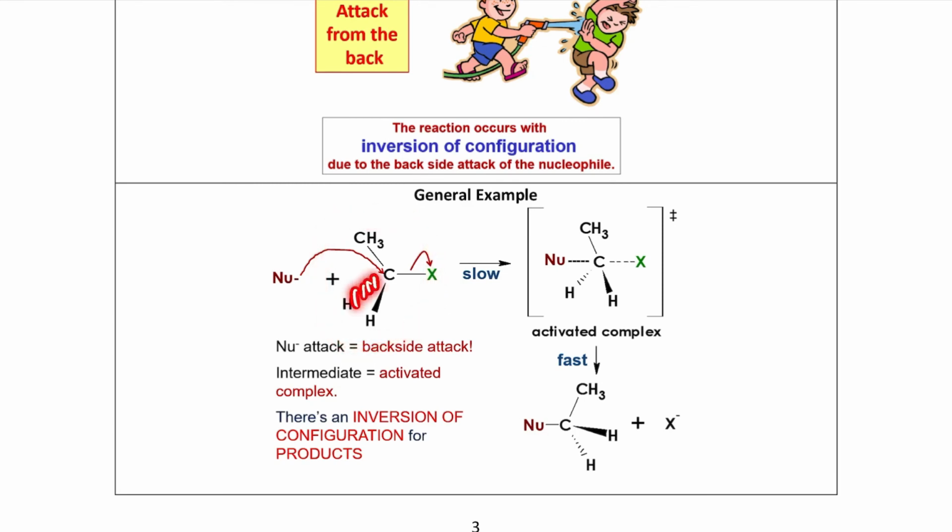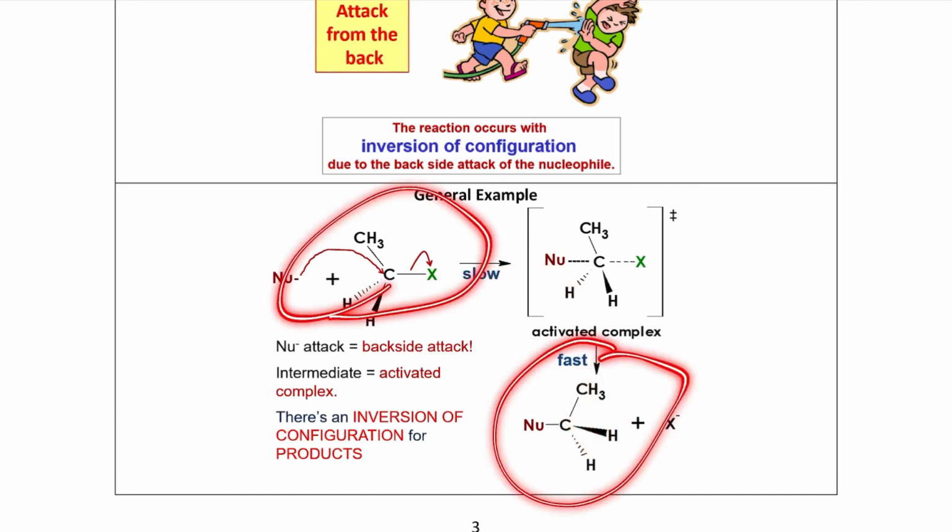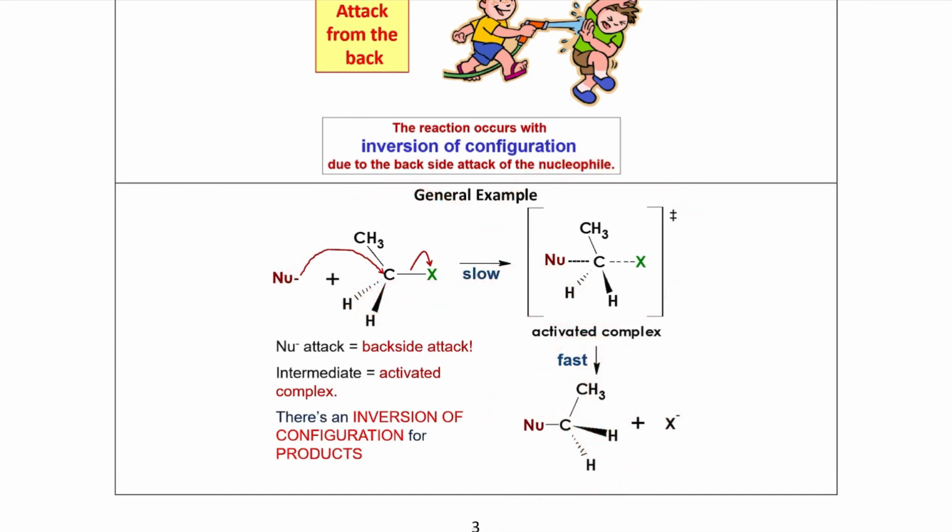Mesti ada dash, mesti ada wedge. So that kita faham lah yang wedge ni maksudnya H ni berada in front of the plane, while this hydrogen berada behind the plane. So mesti draw dalam bentuk 3D macam ni. And this is what we call one step lah. Dia satu step je sebab ni reactant, ini product, dan ini adalah transition state dia, activated complex, intermediate.